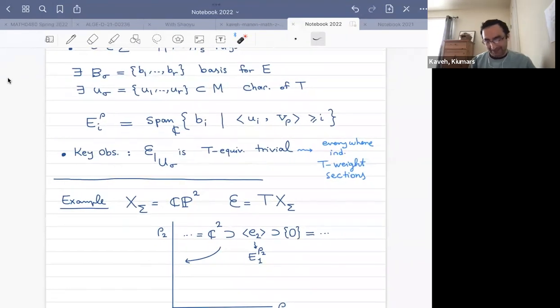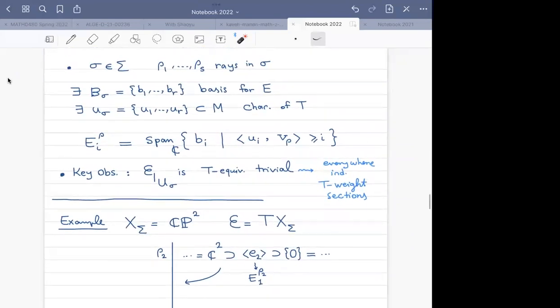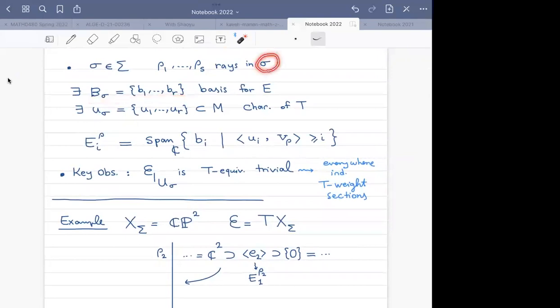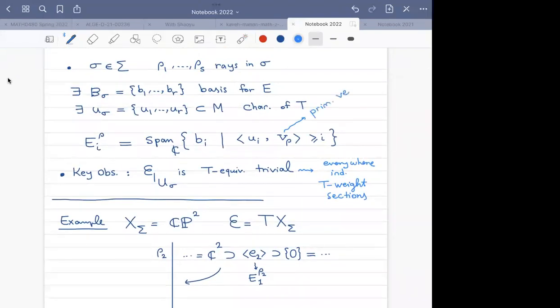Sorry, could you say it again? There exists a basis. For each sigma, you have these two data. What is V-row? It's the primitive vector along the ray. What is primitive?